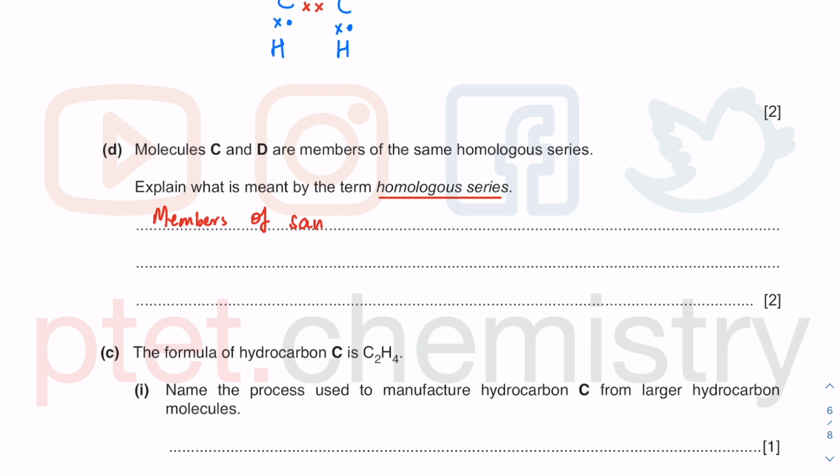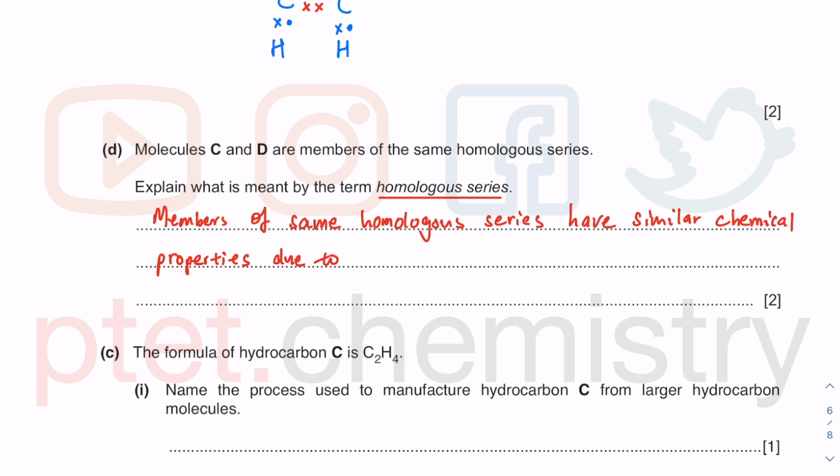We talk about the properties and the characteristics of members of the same homologous series. They have similar chemical properties, similar chemical reactions, due to having the same functional group.